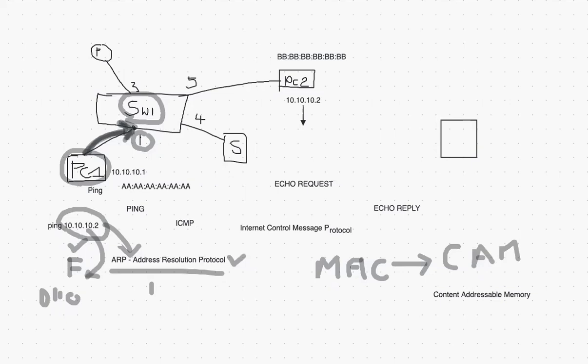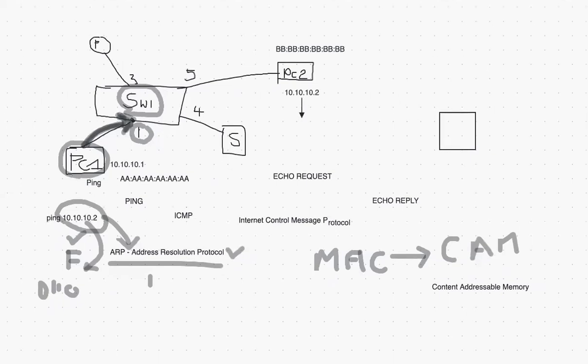We have to move the scroll button and see the location where you are typing. I can see everything, PC1, PC2, switch and MAC CAM, but whatever he's typing from the keyboard is not visible.